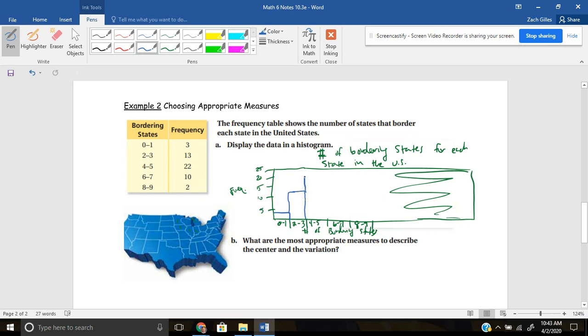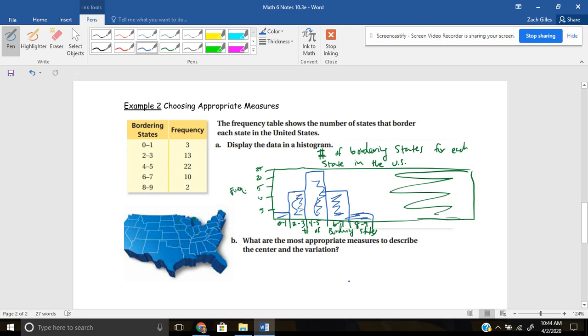That looks by far to be the most. 6 to 7, we have 10. Don't erase on me. 10 for 6 to 7. And then 8 to 9, we have 2. All right, and there is my histogram.